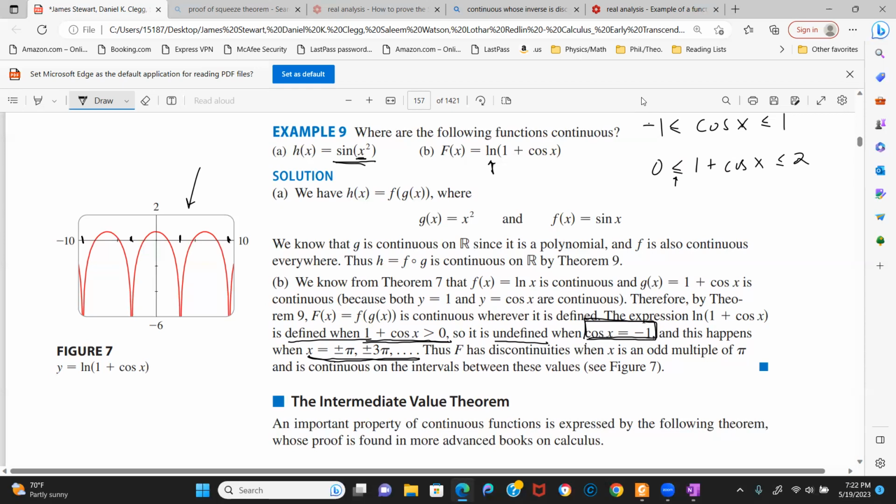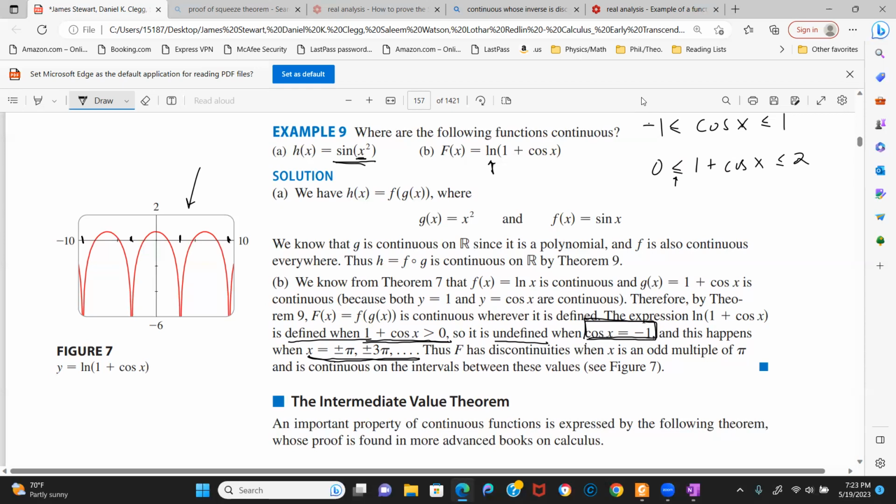This idea is encapsulated in the idea of velocity. If you're going 50 miles per hour, that's a lower bound, and then you increase your velocity to 60 miles per hour, that's your upper bound, then you have to pass through every velocity in between, right?